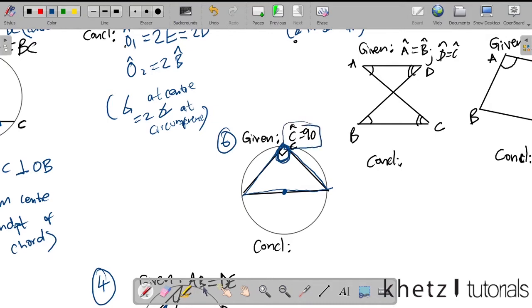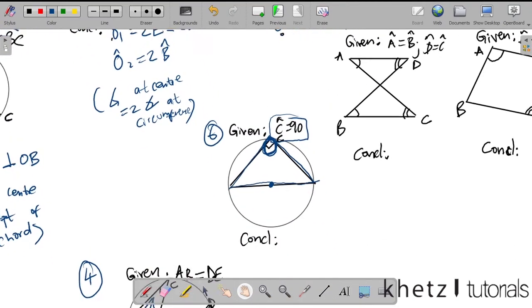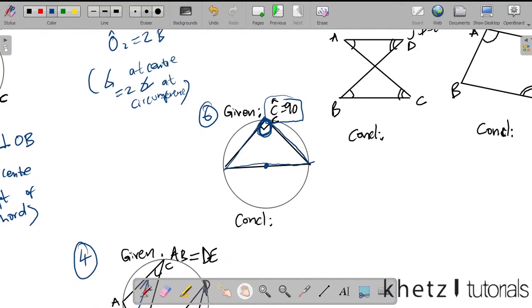So I've already said what we can conclude if you were listening carefully. The conclusion we can make is that AB, which is that over there, is a diameter. And this is because the 90 degrees is the same as in number 5.